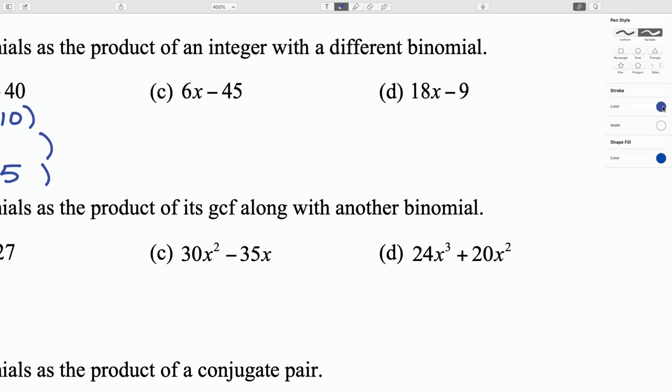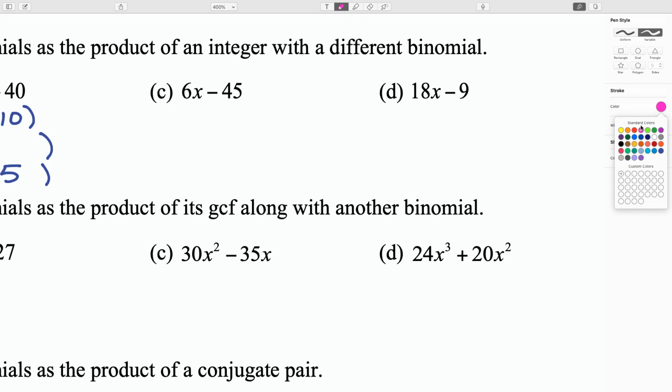Okay, so let's do C. We have 6x minus 45. So you think, what can go into 6x and 45? Not 2, 3. I wonder if 6 can go into 45. I can always use my calculator and divide.